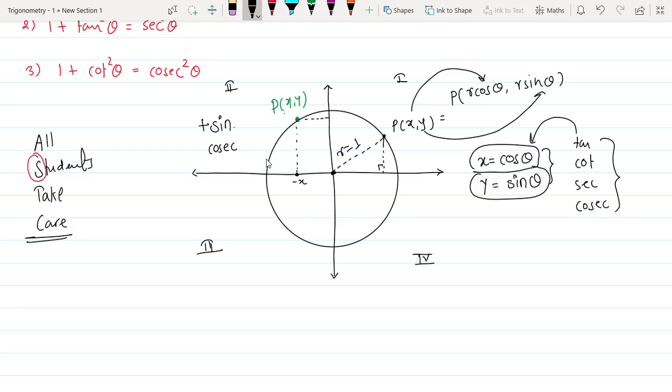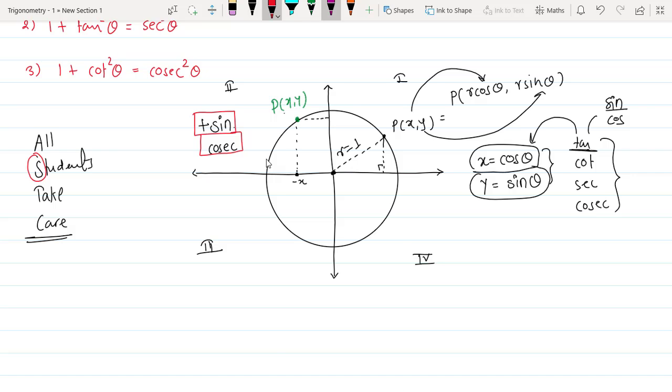Tan is nothing but sin by cos. Sin is positive but cos is negative. That's why my tan becomes negative. Are you getting this? Okay, good. So in the second quadrant sine and cosec are positive, and the rest all are negative.